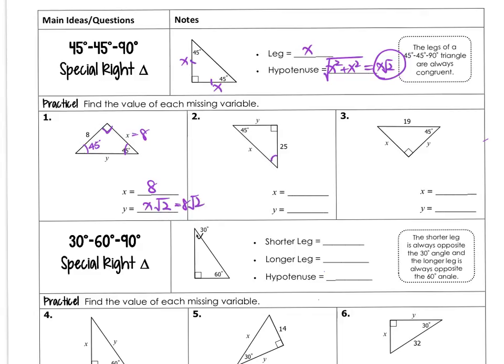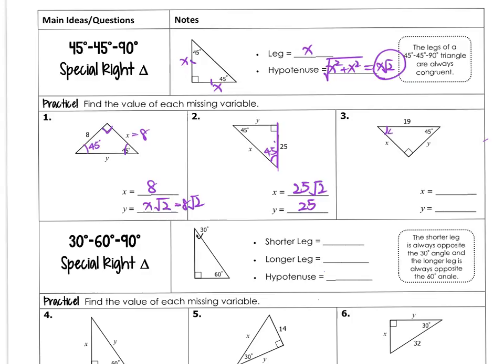Same thing here. I would have 45 degrees here, so x would be 25, and y would be 25 root 2. Literally, one leg multiplied by root 2 gives you the hypotenuse.